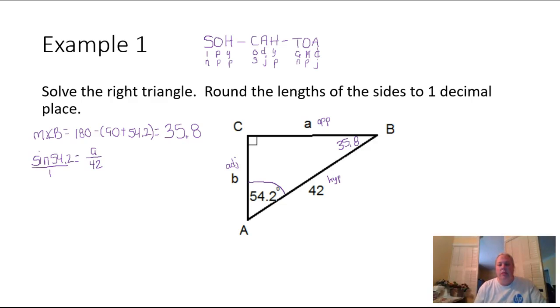So 42 times the sine of 54.2, and that is going to be equal to 1 times A, or just plain A. And then we can put this into the calculator, and remember we're rounding to one decimal place, and that's going to give me 36.1.